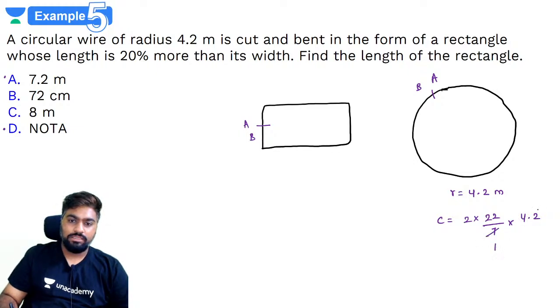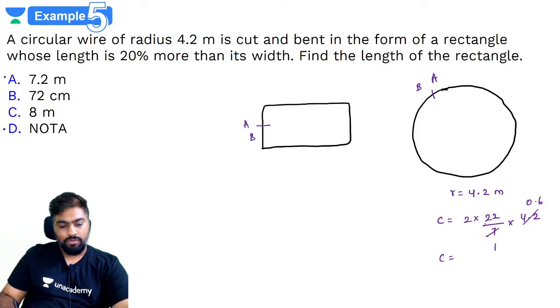So this is once, this is 0.6 times. So circumference is 44 into 0.6, which is 26.4.